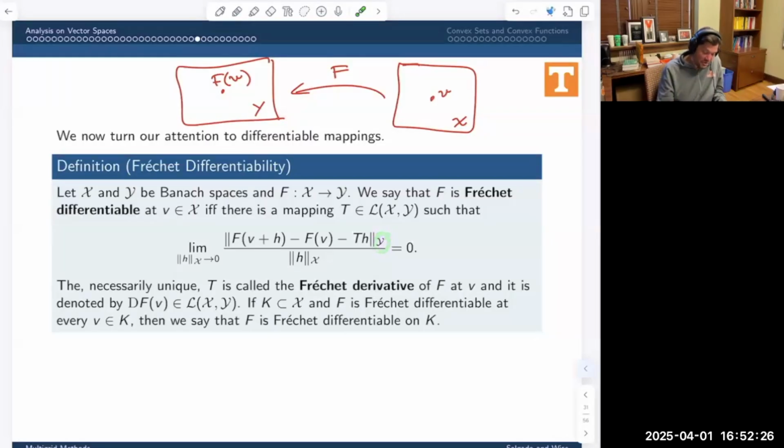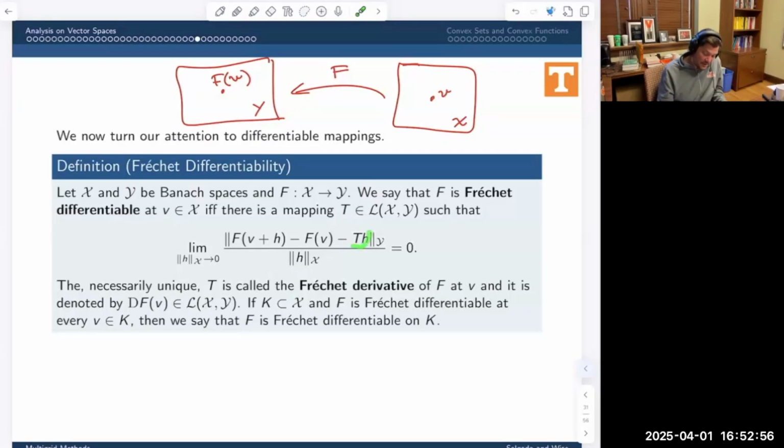What we want to show is that the thing on the top divided by the thing on the bottom is going to 0. The top has the usual pieces that you would find in a difference quotient: F of V plus H minus F of V. What's different is that we put the derivative map as a part of the numerator in the difference quotient.